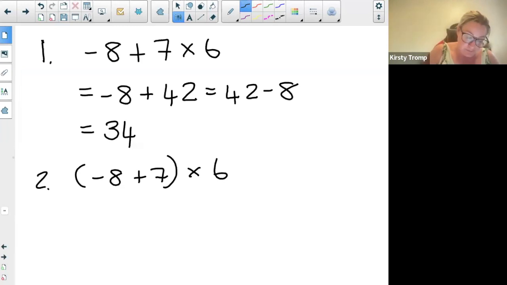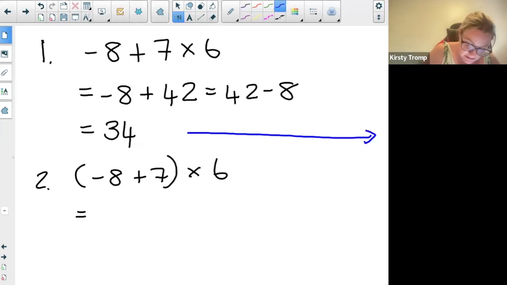Okay. So if I'm doing the brackets first, negative 8 plus 7. Negative 8 plus 7, I can go draw a number line for myself. So I'm going to go do that quickly, or I can do it on my calculator, but here we go. Excuse my number line. It's going to be a very messy number line.